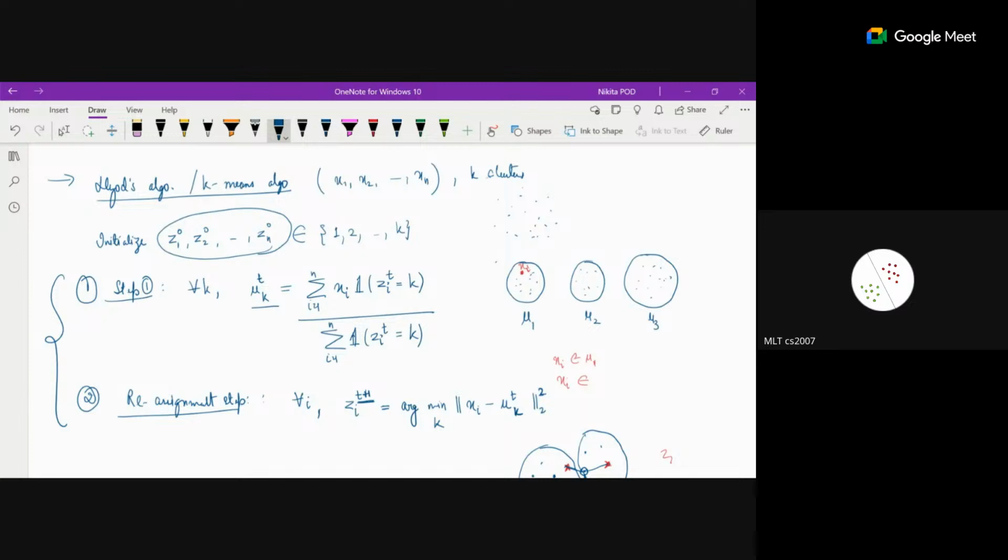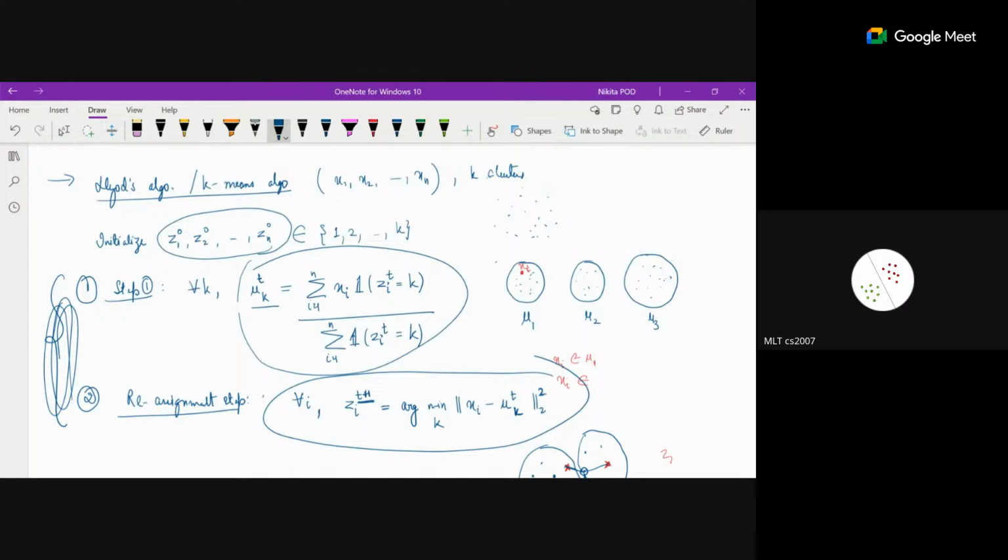Then again I will compute the mean, and again I will check this distance. This will keep on repeating, and once you reach a point when no reassignment is possible, then I can say I have reached convergence. My algorithm has converged.